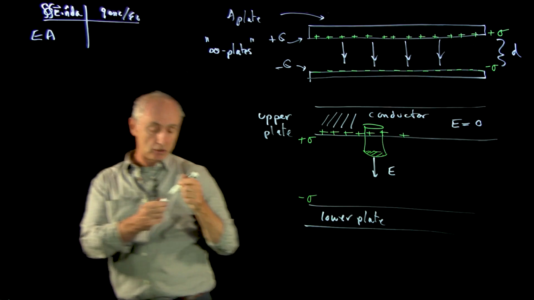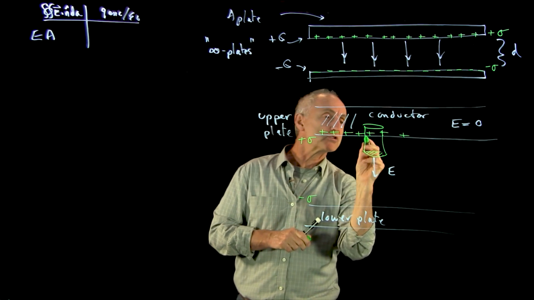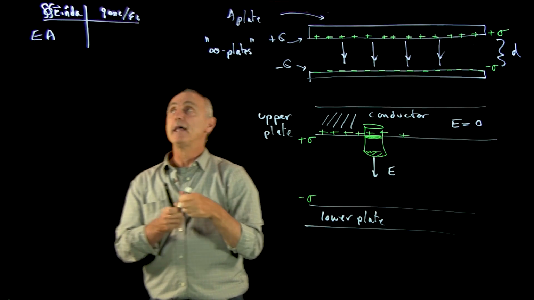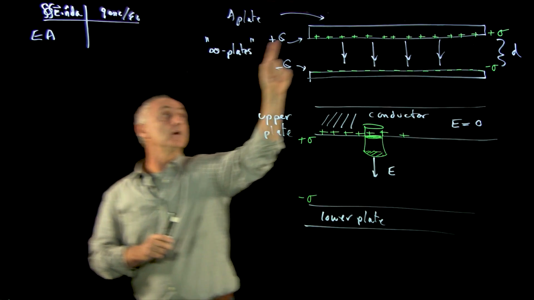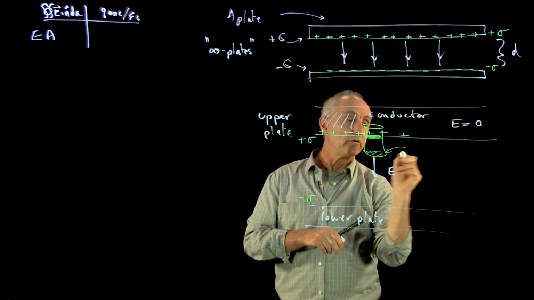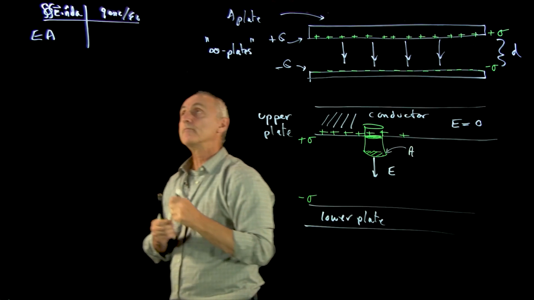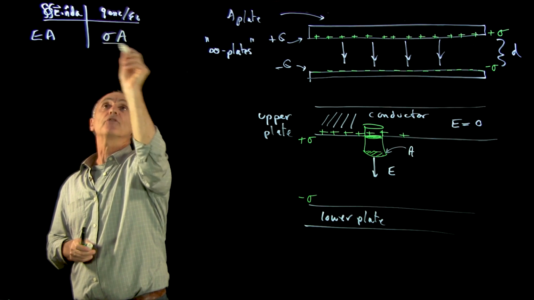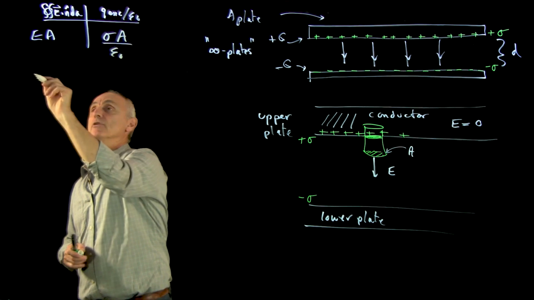And over here, the charge enclosed, well, we see that there's a surface charge density. I'll shade it in. And this is not the area of the plate. This is the area of the Gaussian surface. And that's equal to sigma times the area of the Gaussian surface divided by epsilon naught.